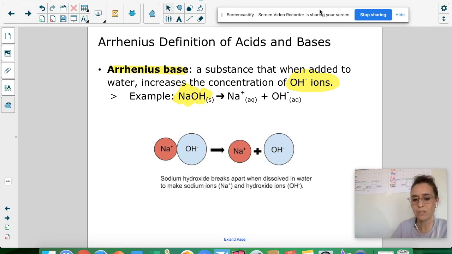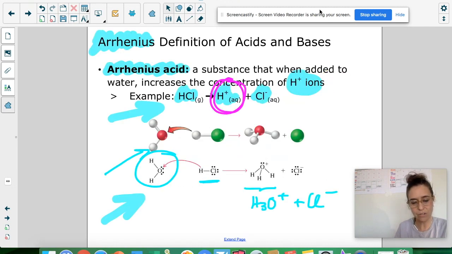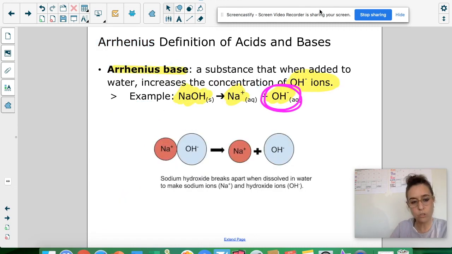Why? Because when the sodium hydroxide is dissolved in the water, it breaks into sodium and it breaks into hydroxide. So it adds hydroxides to the solution. Okay, so again, an Arrhenius acid is a substance that adds hydrogen ions to the solution, and an Arrhenius base is a substance that adds hydroxide ions to the solution.